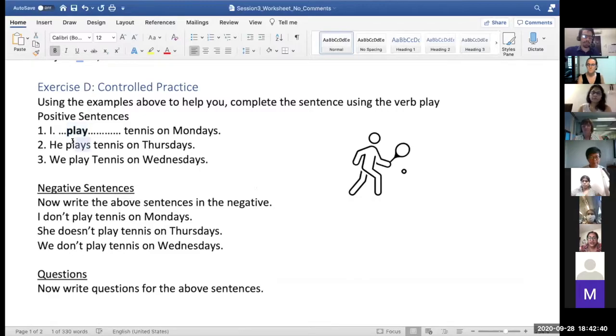Okay, so the purpose of the control practice was to check and review whether the student can actually fill in with the correct form of the verb. Yes, absolutely right. For students, I would normally give them time to write first, so they get more thinking time when it's writing.